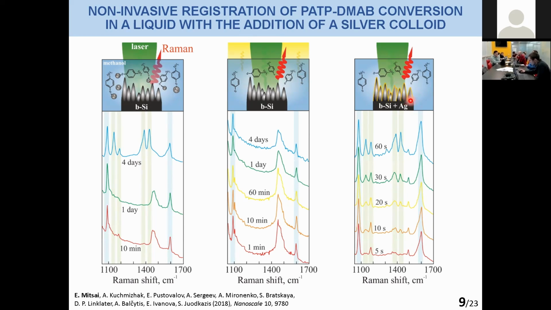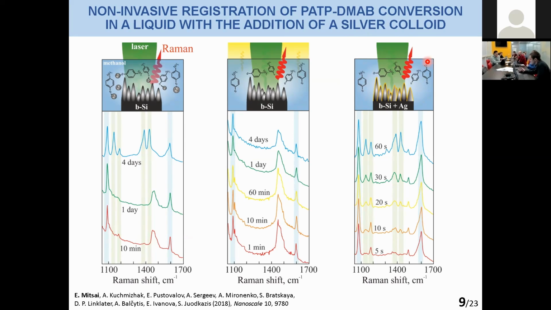And this metallized surface leads to, because of the high affinity of PATP molecules to the noble metals, silver in particular, we see that the dimerization reaction occurs in the near-surface layer of the substrate, but it does not cover all the liquid in the cell.